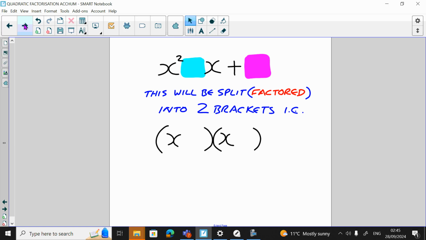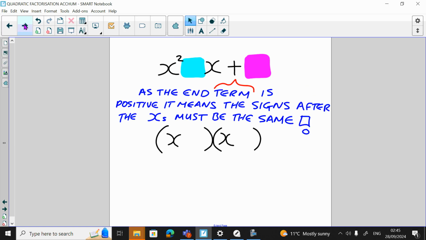So the next thing we need to sort out here, using this method, there are other methods, but I'm just using the one method, is to look at the n term, the constant term. Because that constant term, the number on its own, tells you that the signs to the right of each of these x's have to be the same, either two positives or two negatives.